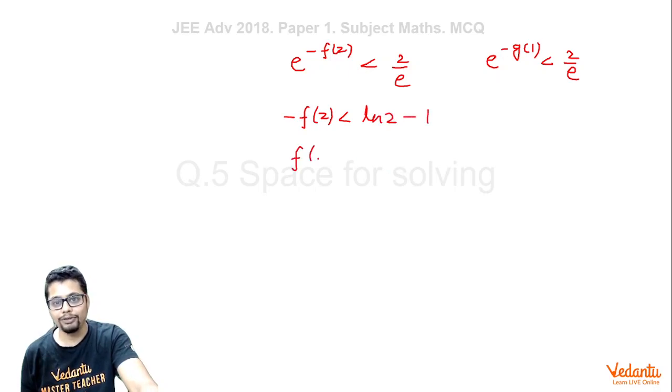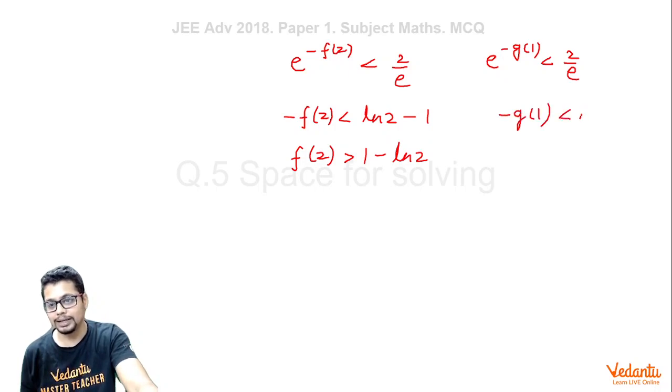So that means f of 2 is greater than, multiplying by minus, it becomes 1 minus ln 2. Similarly, when you take ln on both sides, minus g of 1 is less than ln 2 minus 1. So g of 1, when you multiply both sides by minus 1, is greater than 1 minus ln 2.